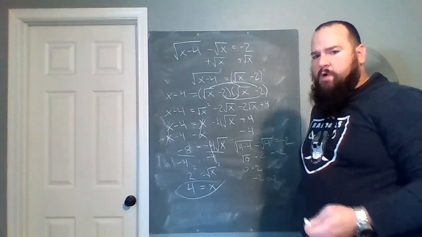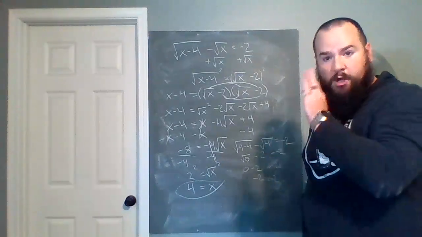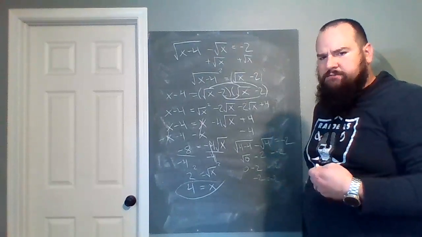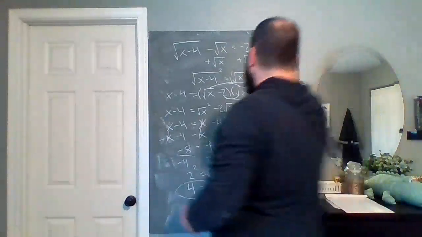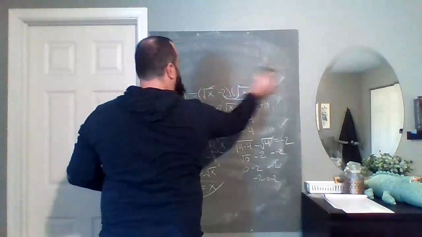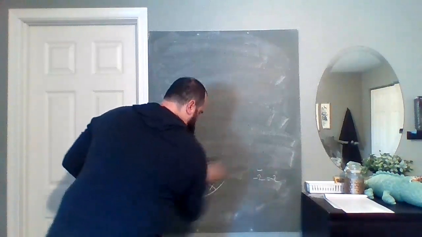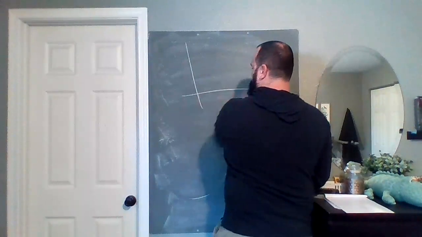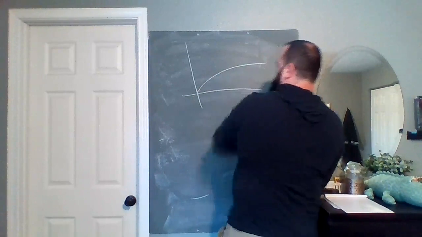Now, what if I ask you to solve an inequality? Solve the equality. Pretty easy. And then check. Now, what do I mean by check? The graph of the square root of x looks like this.